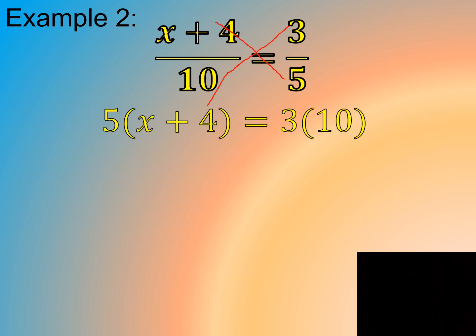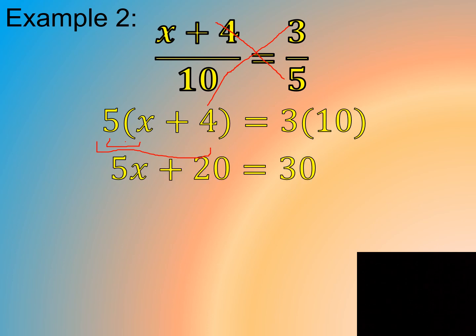So our new equation now is 5 times x plus 4 is equal to 3 times 10. So we distribute 5 to x, so that will become 5x. We also distribute 5 to 4, that is 20. So 5x plus 20 is equal to 30.